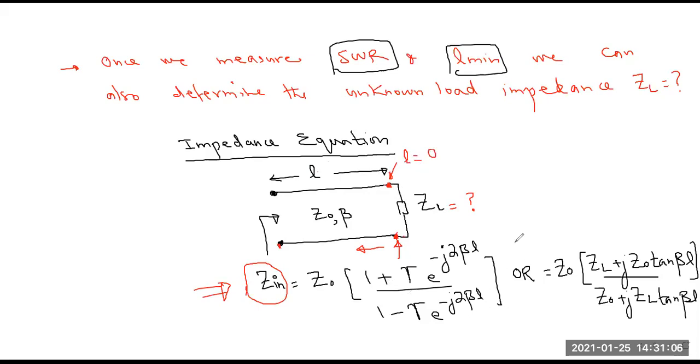So what will happen to this equation? Let me use this equation. If you put L equal to 0, this exponential factor will become 1. Similarly, the other exponential factor will become 1. So when L becomes 0, Zin becomes equal to ZL. What is the equation that we will get?